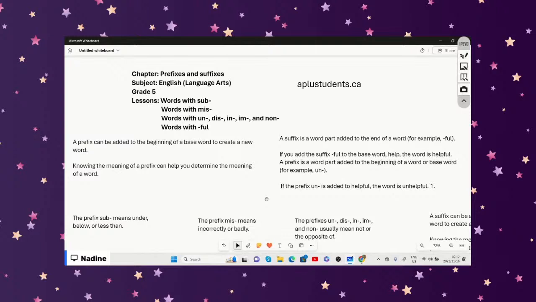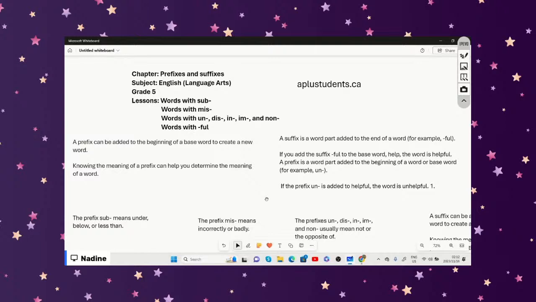So we said our base word is help. For example, our suffix is full. So if we put it together, it is helpful. And the word part added to the beginning of the word, we call that the prefix.